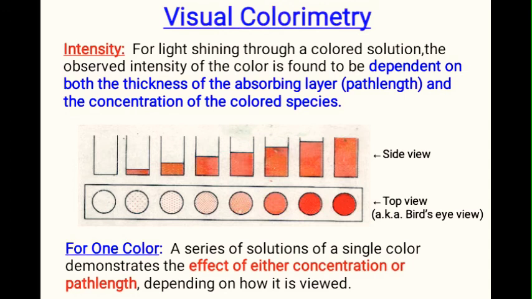You have seen on the screen there are different side views of the colored compound and the top view, which you can see by your eye. For one color, I have given an example. A series of solutions of a single color demonstrates the effect of either concentration or path length, depending on how it is viewed.